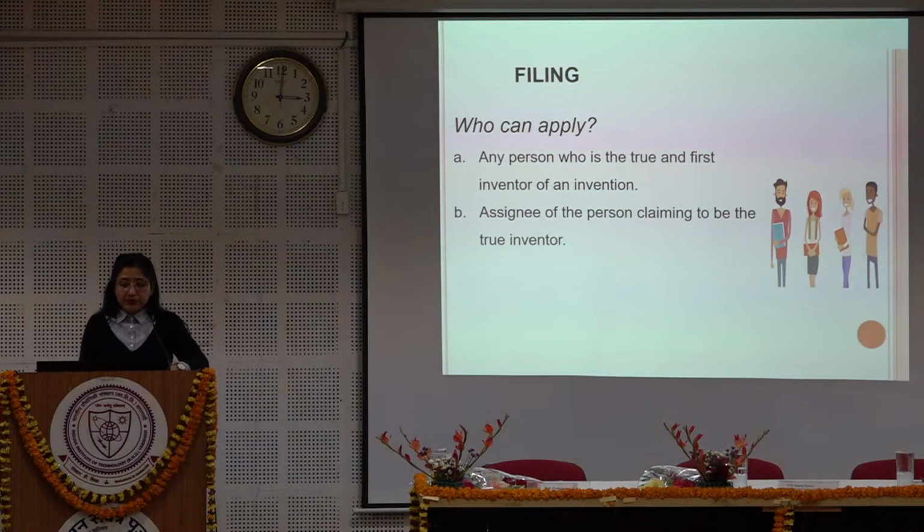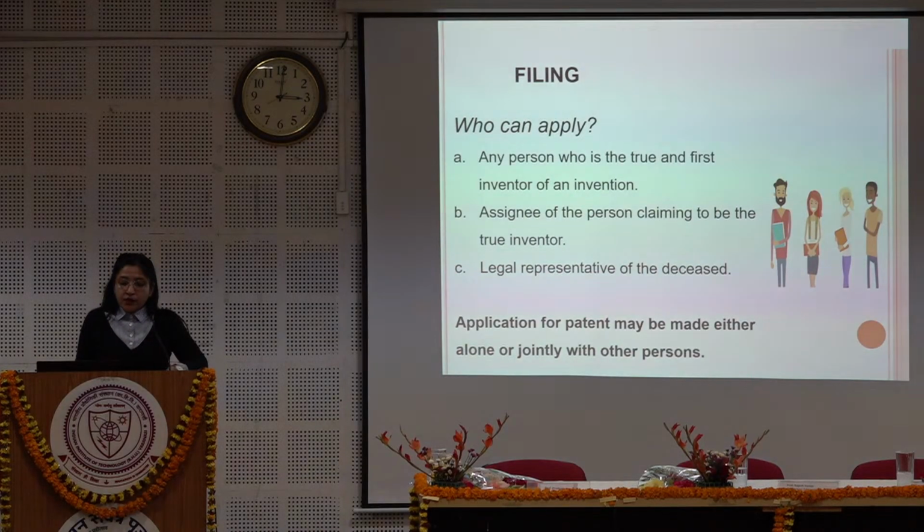Any assignee of the person, you can also assign someone whosoever is a true inventor to file a patent, or any legal representative in case the person is deceased. The application for a patent can also be made jointly. If there are 2-3 inventors, they can all come together and file for a patent.